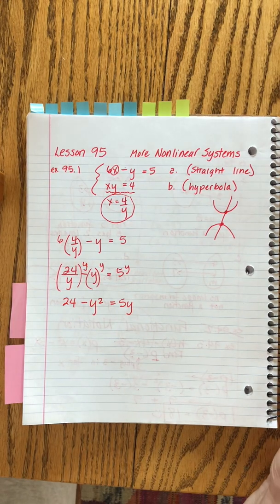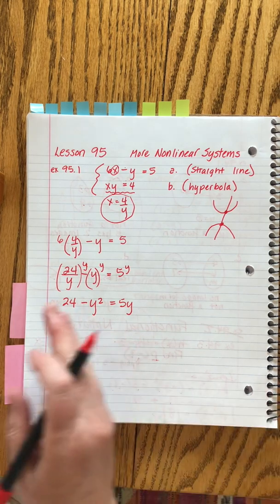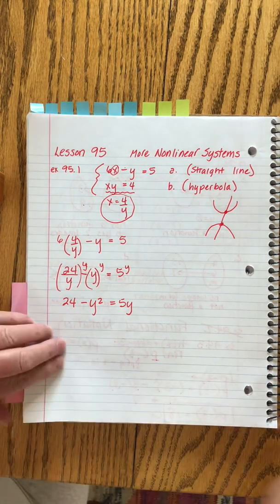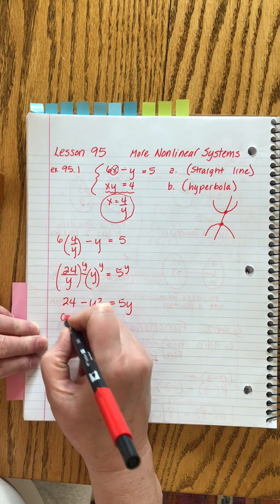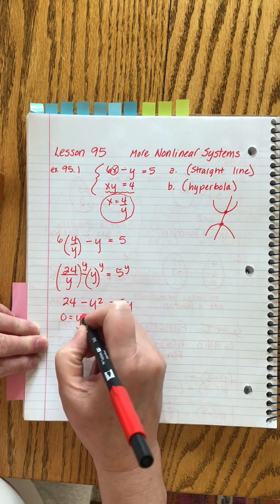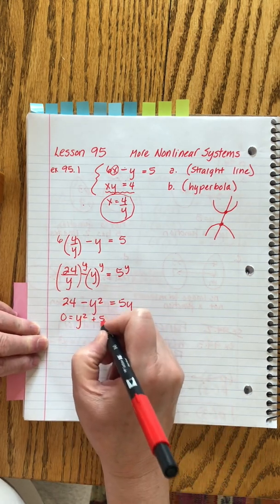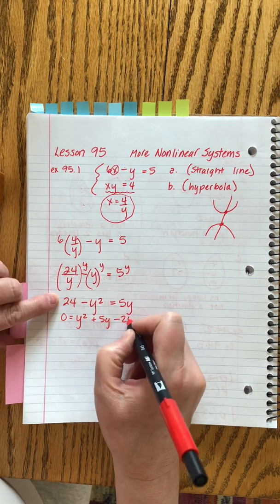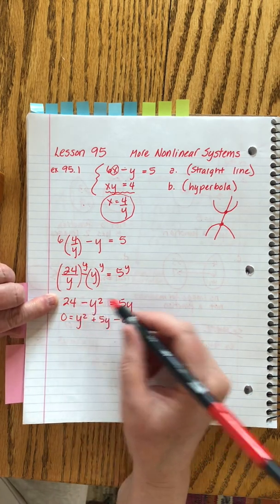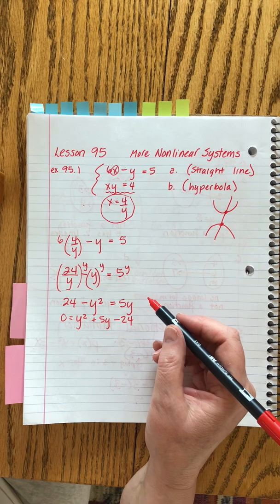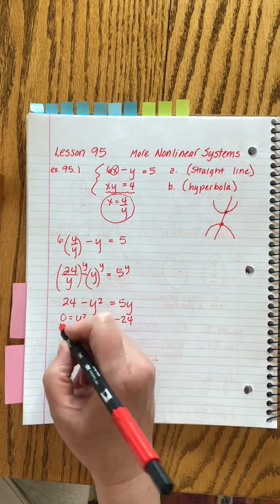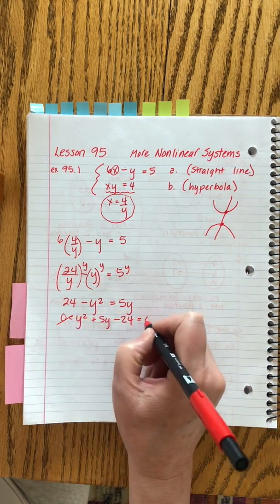Oh, that looks much better, and I can see I've got a trinomial on my hands. So what I'm going to do is I'm going to swim everything to the right. So I'll get 0 equals positive y squared plus 5y minus 24, right? Change sides, change signs. And then just because I like the way it looks better, I'm going to move the equal 0 to the other side.